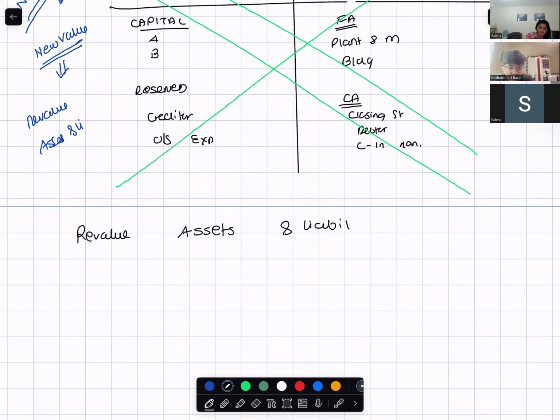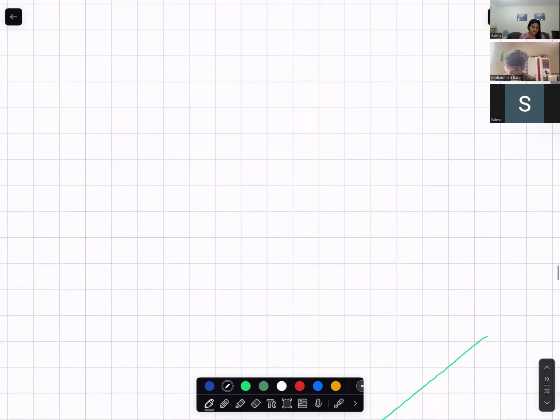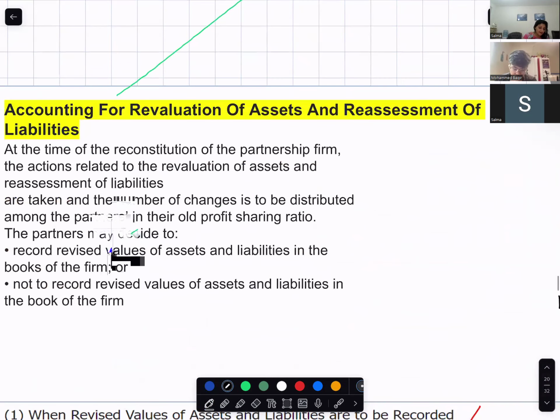Are you with me? Now, when you're revaluing your assets and liabilities, the partners can decide that they want to record the revised values in the books of the firm. That means the partners will decide that the revised value means which value? The new revised value.